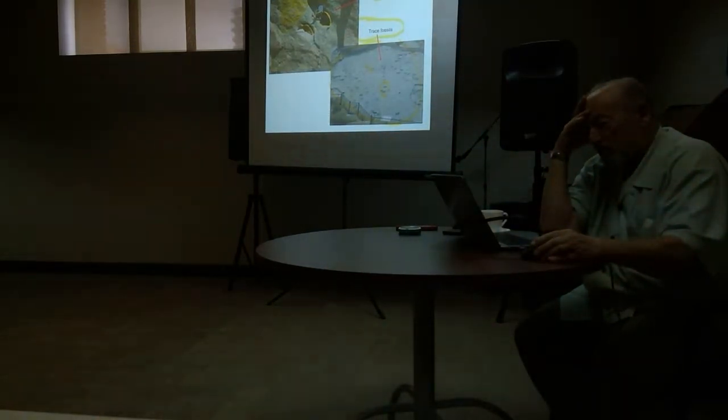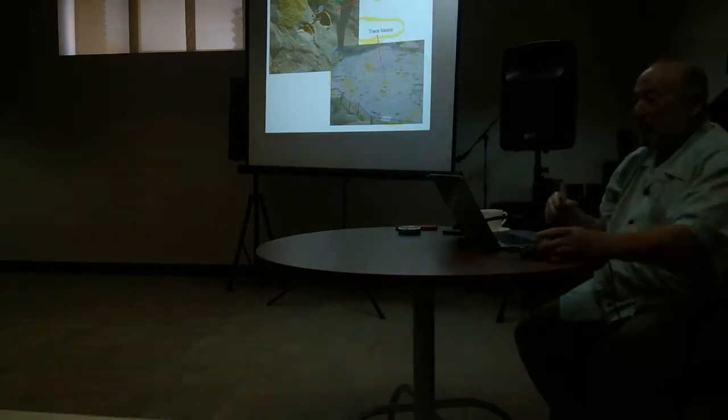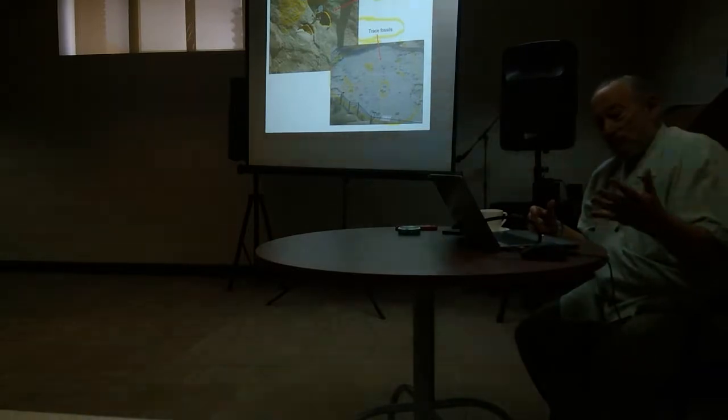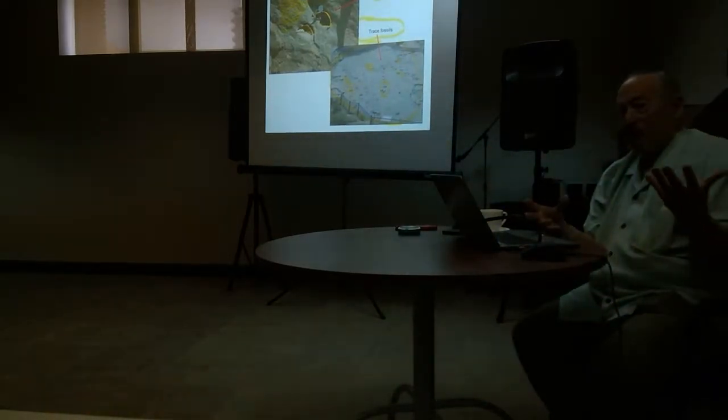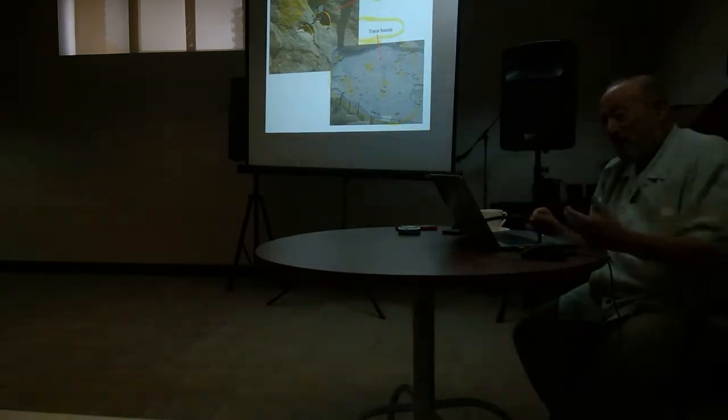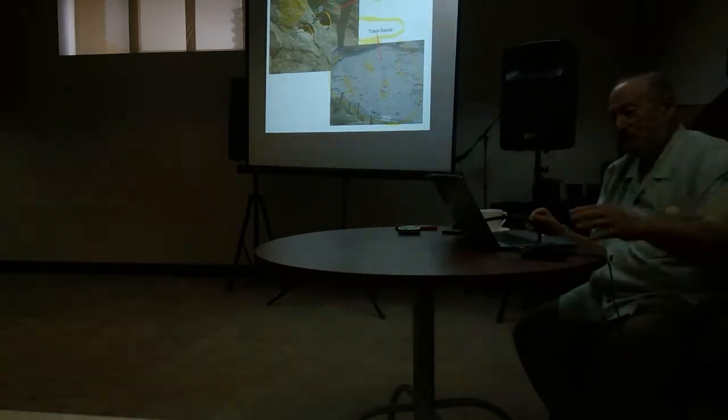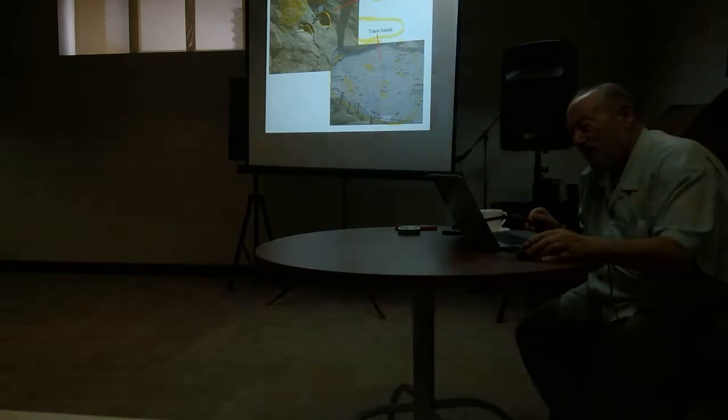So you've got all these little dinosaur tracks here that indicate dinosaurs lived there at one time. There are no body parts, no bones or anything like that today, but you have these tracks, and we call those trace fossils.